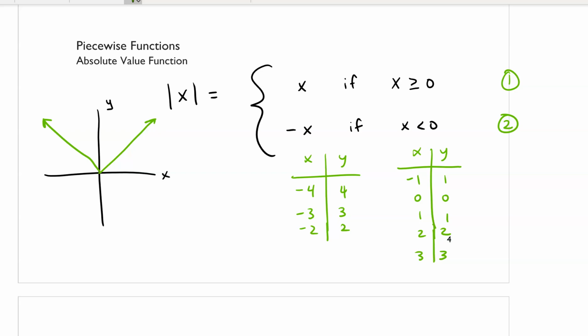All right, so that's all I wanted to say about the absolute value function, but it's a nice basic example of what a piecewise function looks like. And remember, a piecewise function is just a function that is defined on different intervals. And in this case, the intervals happen to be these things here.